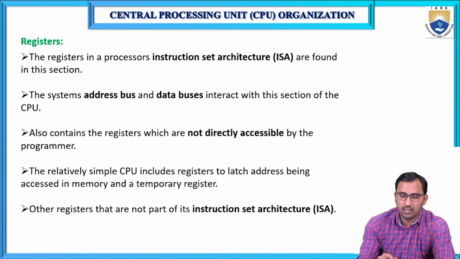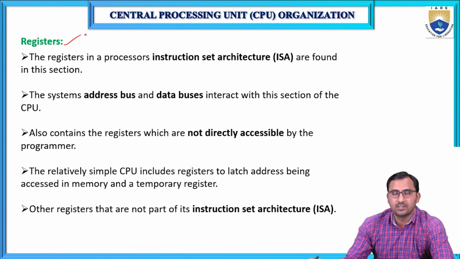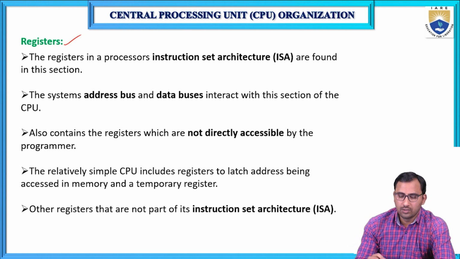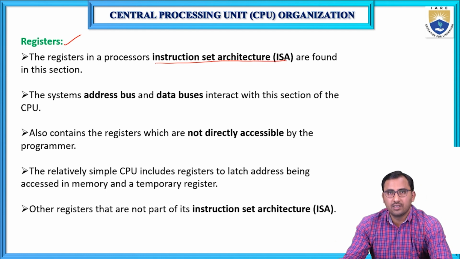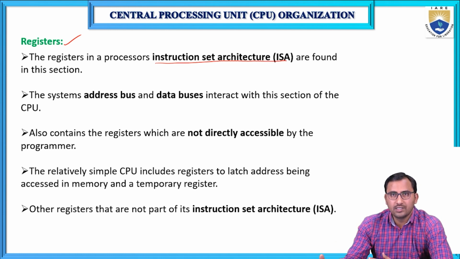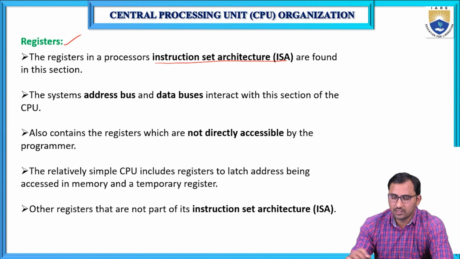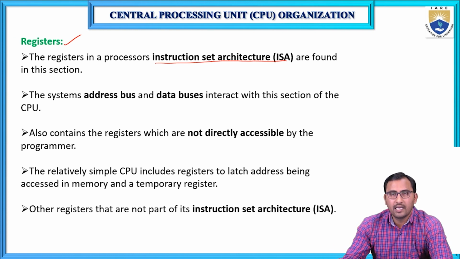Coming to the other section, that is the registers. The registers in a processor instruction set architecture are found in this section. This register section contains the processor's instruction set architecture, which acts as an interface between the hardware and the software.